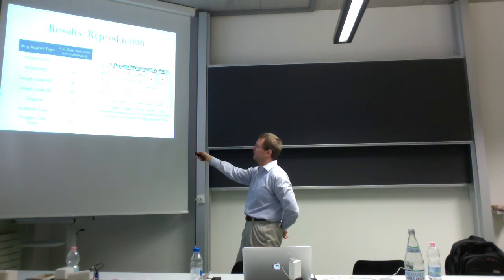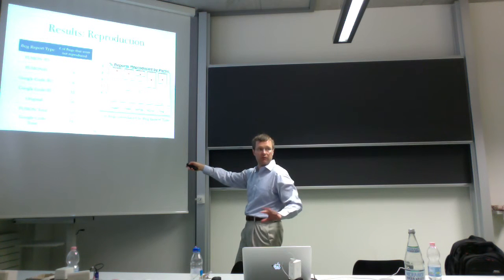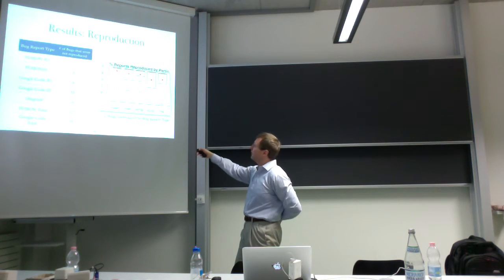What this means is that these reports were created by using Fusion by experienced programmers, and these reports were created by inexperienced programmers using Fusion. And the same experienced and inexperienced by using Google Code. And these are original bug reports.